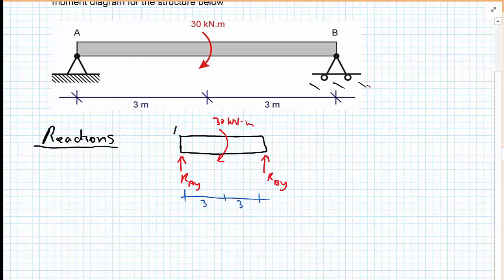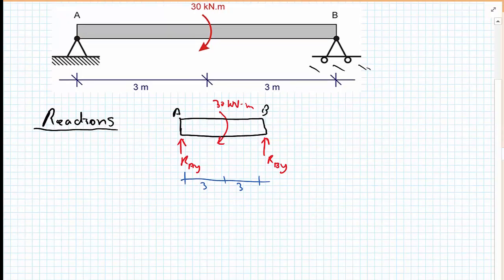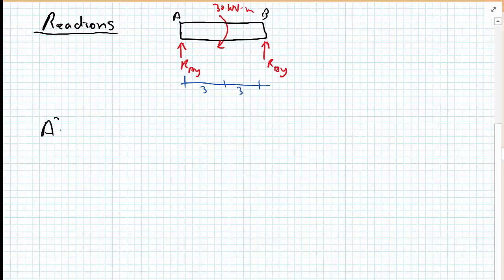For this problem, I'm going to start by taking moments about point A. Taking moments about point A, RAY acts through that position, so it has no lever arm, but I have the 30 kilonewton meters, and it's going in a clockwise direction, so I'm choosing that to be negative. And then I have RBY multiplied by the lever arm of 6 meters that's going in an anti-clockwise direction, which I'm choosing to be positive.